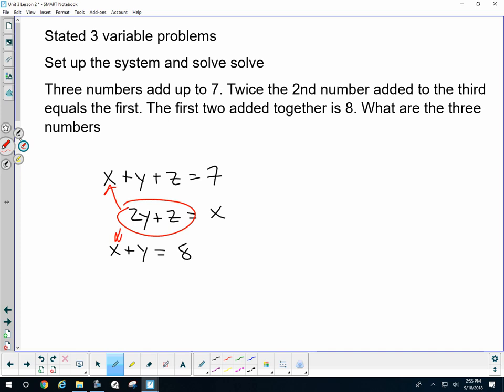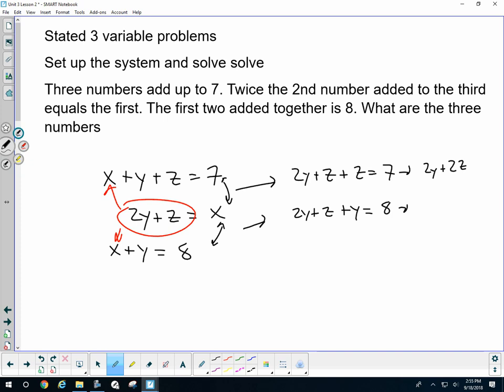I'll plug it into both of them. And I get these. I can simplify both of these to get this guy on the top, this guy on the bottom.